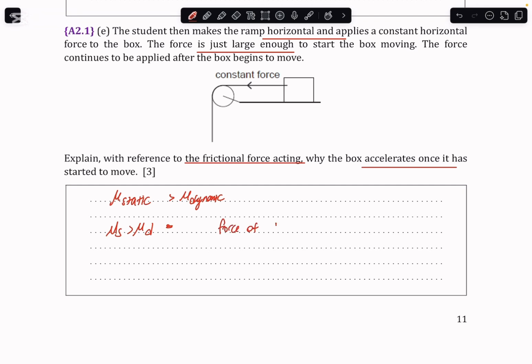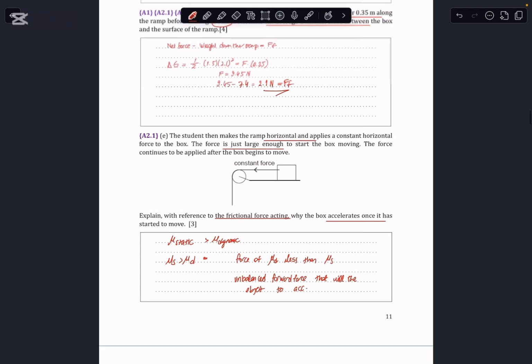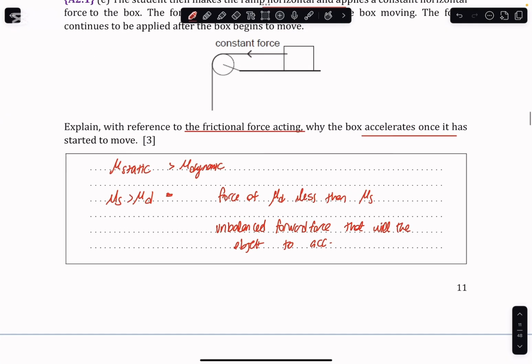The force of dynamic friction will be less than the force of static friction, which will cause an unbalanced forward force that will cause the object to accelerate. So this is why the object accelerates once it has started to move.